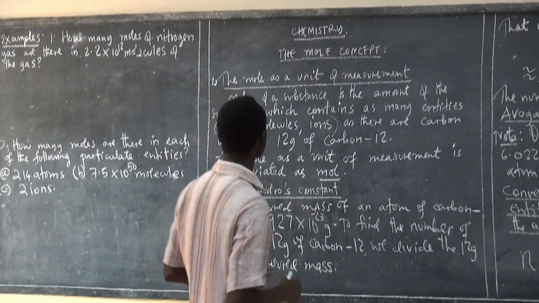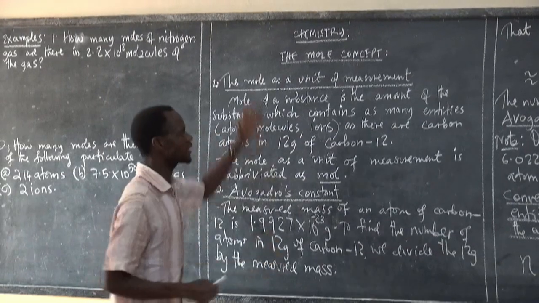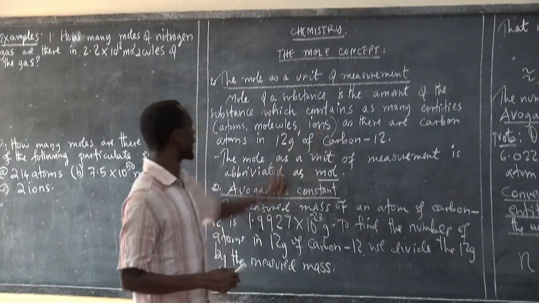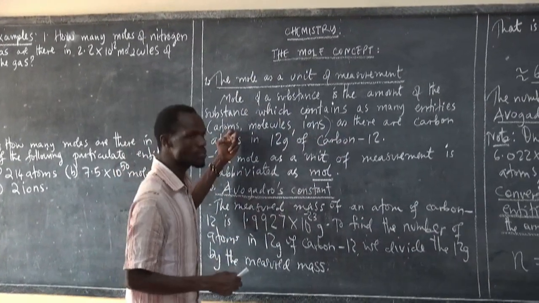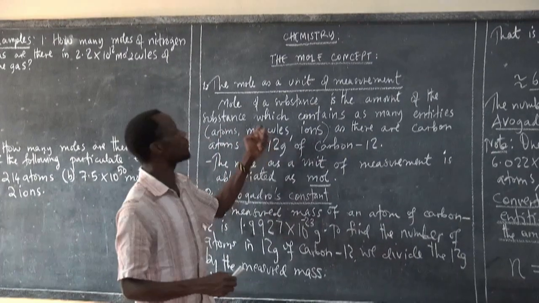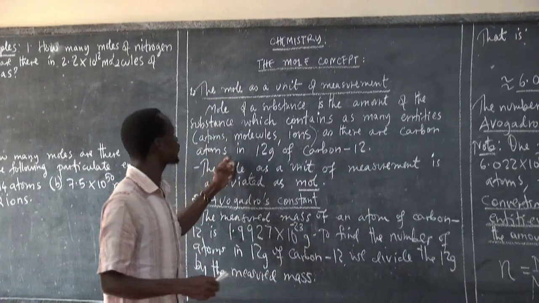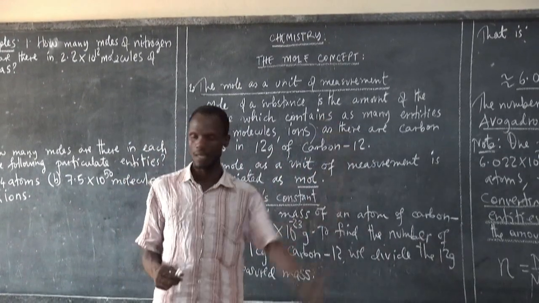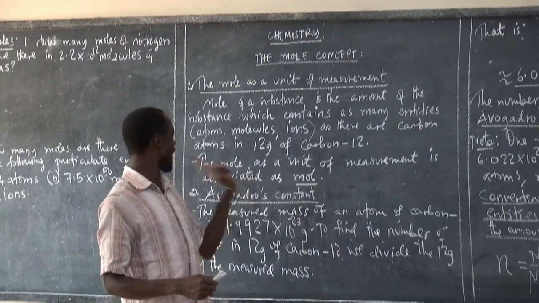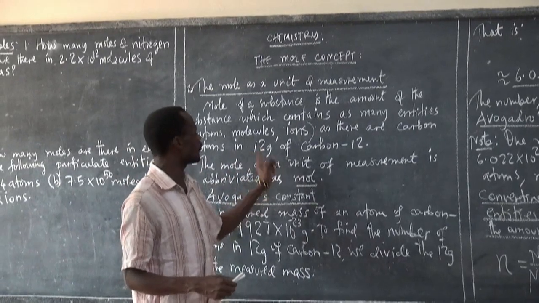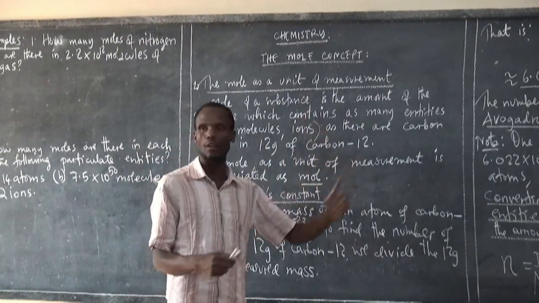When we say particulate entities in the language of chemistry, we mean it may be atoms, molecules, or ions, as there are carbon atoms in 12 grams of carbon 12.